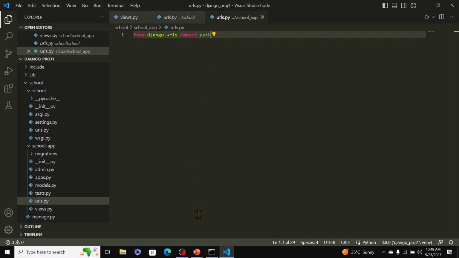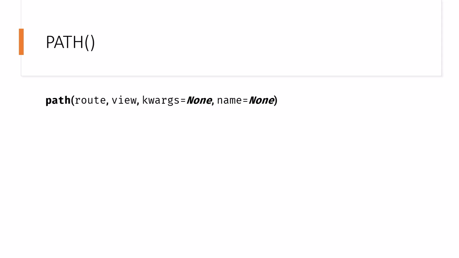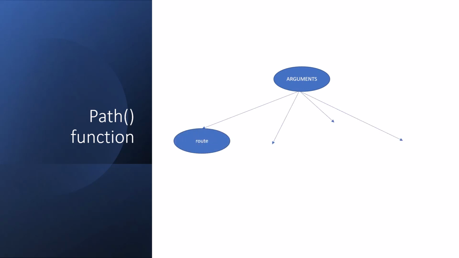So what is path? The path function takes 4 arguments. Of these 4, the route and the view are mandatory. The other 2 are optional. Let's look at these arguments in a little more detail. The route argument is essentially the string that contains the URL pattern.